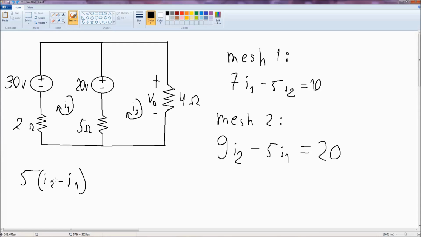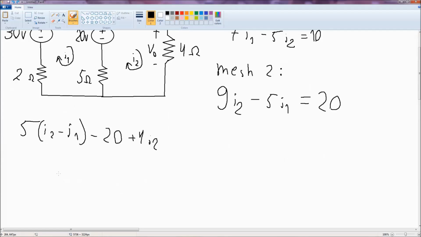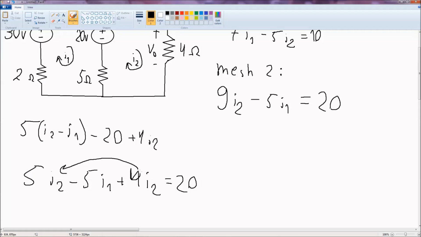So 5 I2 minus I1 minus 20 plus 4 I2, and if we distribute this, we'll get 5 I2 minus 5 I1 plus 4 I2 minus 20 equals 20, and if we add these two, we will get 9 I2.